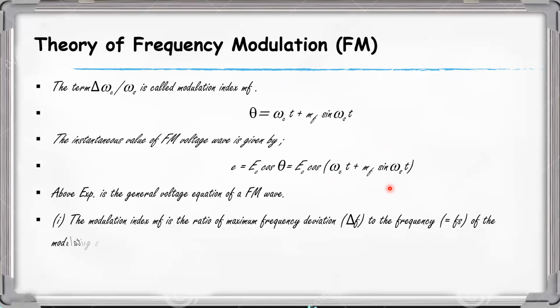One point to be noted is that the modulation index mf is the ratio of the maximum frequency deviation to the frequency of the modulating signal, that is, delta f divided by fs.